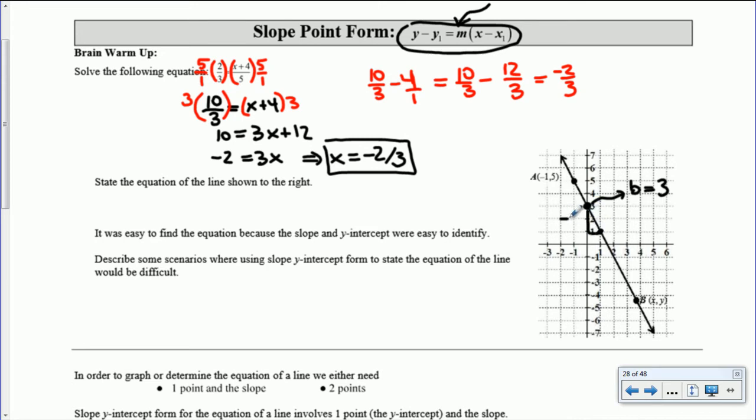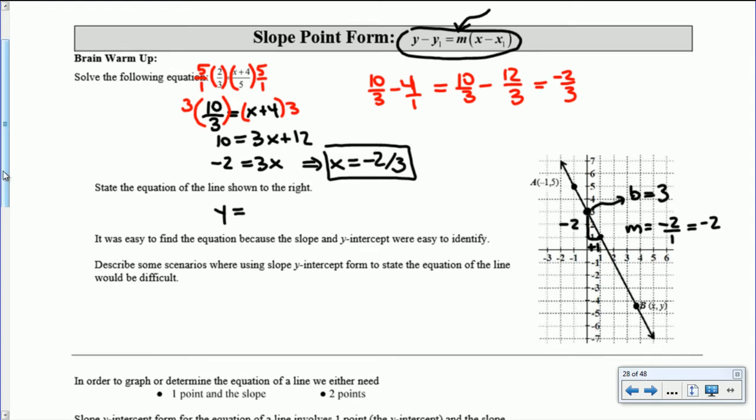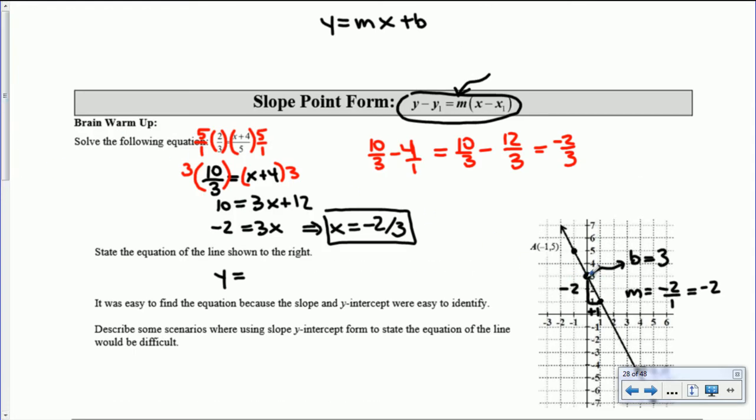So rise is negative 2, run is positive 1, so the slope is rise over run, negative 2 over 1, or just negative 2. So the equation will be mx plus b, because we can figure out the slope by looking at it. We have the intercept, so might as well use that. Negative 2x plus 3. So there we go.